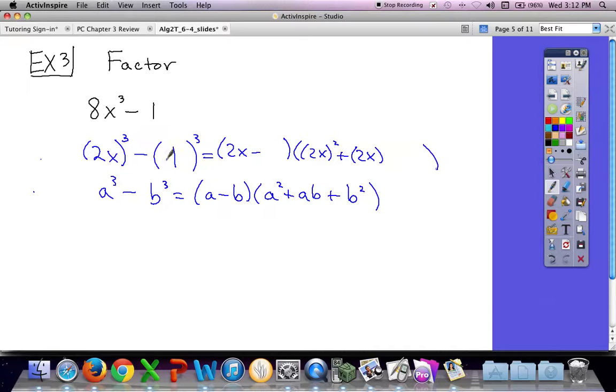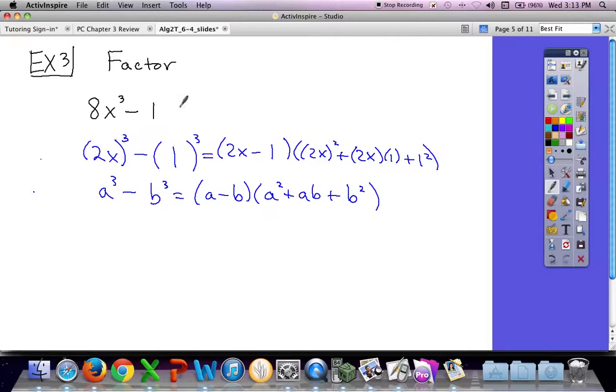Right? In our expression, what is it that represents the B? It is 1, right? It's not negative 1. The negative is part of the formula, so just positive 1. So 2x minus 1, put a 1 here, plus 1 squared.